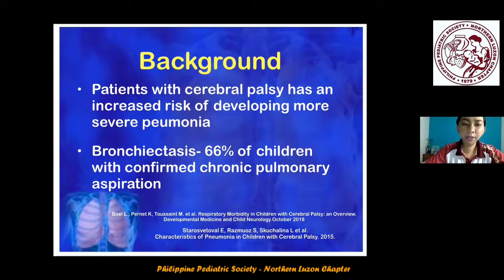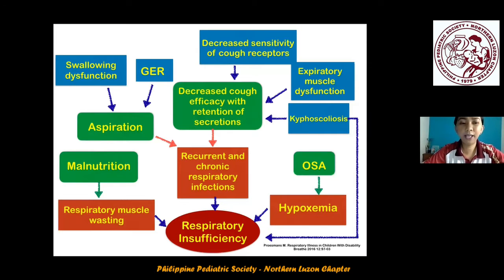The underlying causes of respiratory illnesses in children with neurologic disabilities are multiple. And in most of these children, these risk factors are simultaneously present. So let me just walk you through this very busy diagram. Here are the risk factors, which we will be discussing briefly.